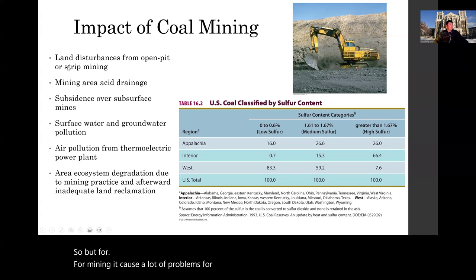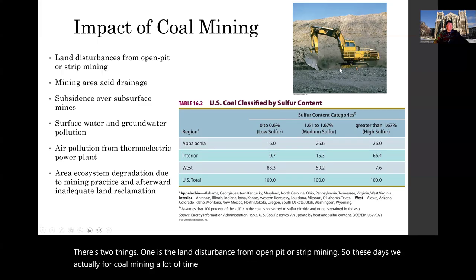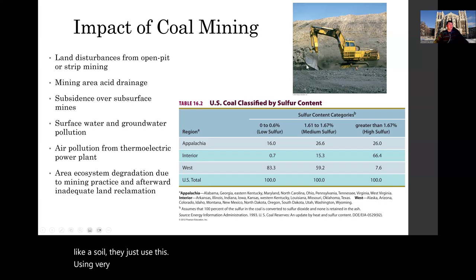For example, one is the land disturbance from open pit or strip mining. These days, for coal mining, a lot of the time we use what's called open pit. They use very big machines to dig out the formation, and we call that open pit.